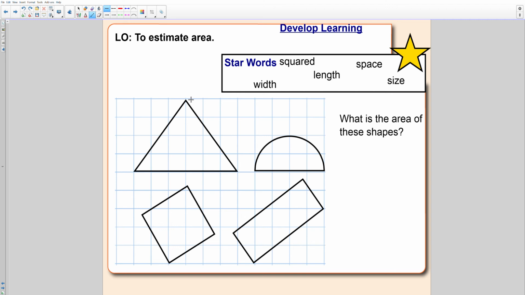The first thing I would do actually with this triangle is say that the triangle is kind of like two triangles split in half. So if we can do one, we can just double it. So what I'm going to do is I'm going to shade in the whole square. So we've got 1, 2, 3. That's absolutely fine.